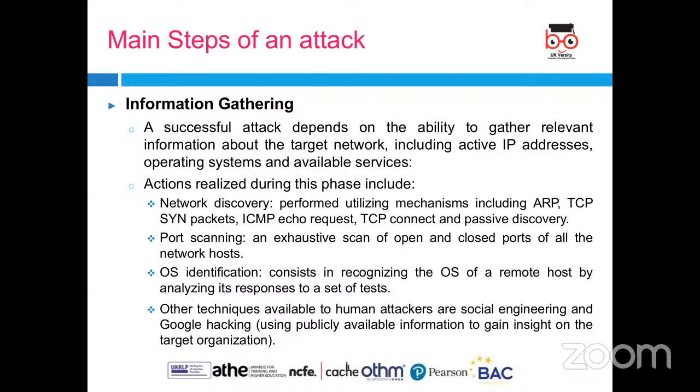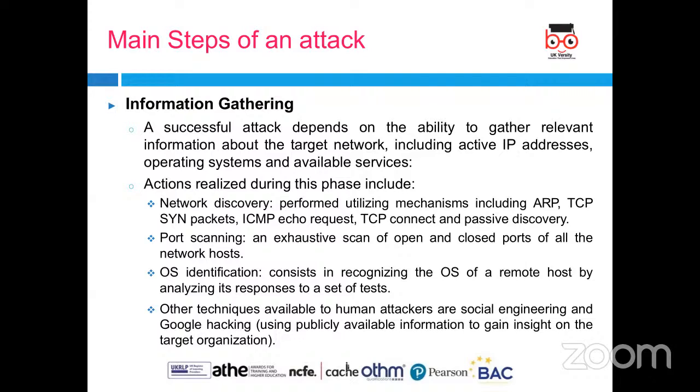So as we can see, information gathering simply depends on the ability to gather relevant information about our network, as we mentioned from the life cycle of network vulnerability. These are all steps that work simultaneously.